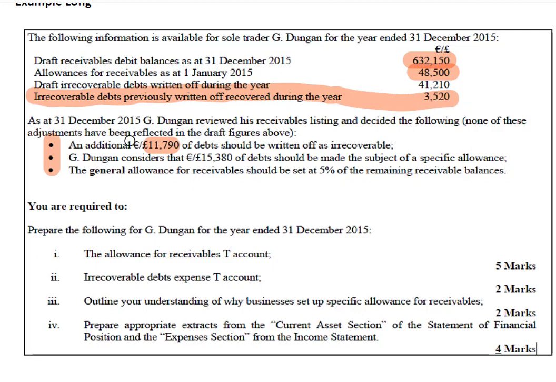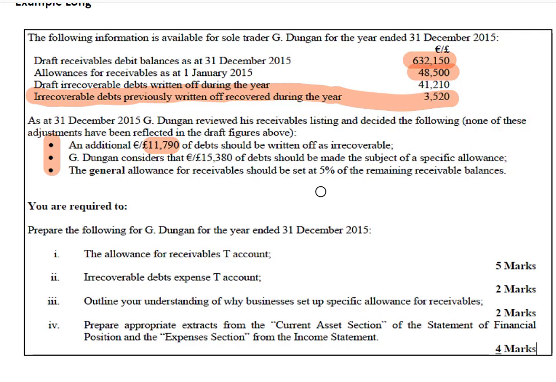Then we had an additional 11790 that needed to go with this write-off. We had an additional 15380 that was going to go with our allowance for receivables, and then we wanted 5% of the remaining balance for our general receivables allowance.